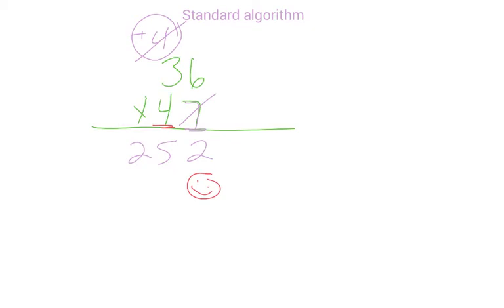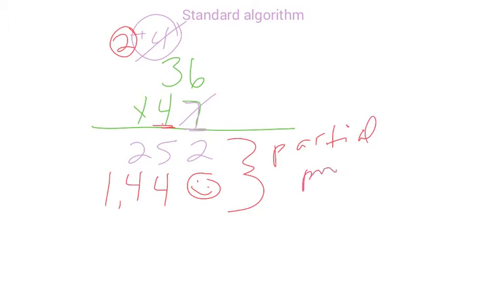So now I'm multiplying it as if it's 36 times 4. 4 times 6 is 24. 4 times 3 is 12, plus 2 is 14. If we notice here, these two partial products are the same partial products from that first way that we did on that very first slide.